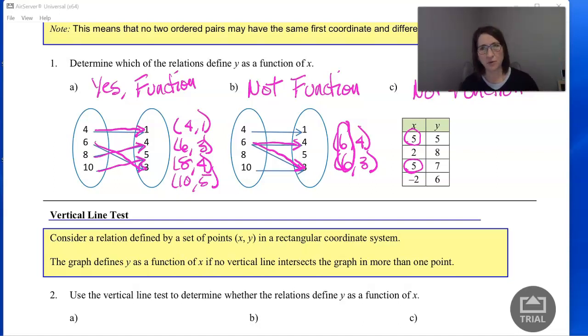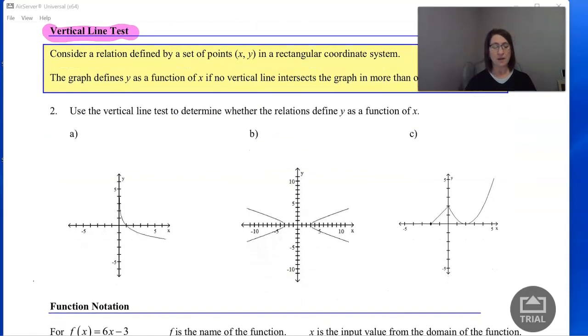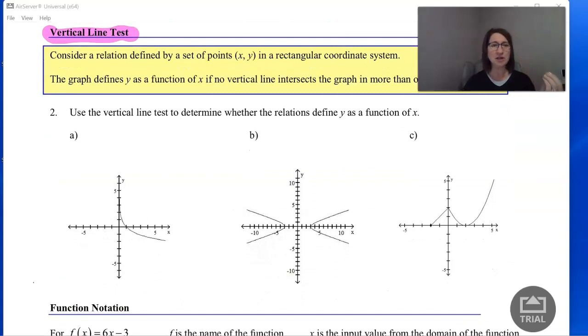But what do you do when you have an infinite set? Well, that's where we have what is referred to as a vertical line test. Not a hard thing to do. We just go ahead, look at our function. Our function is defined by the line, by the graph.